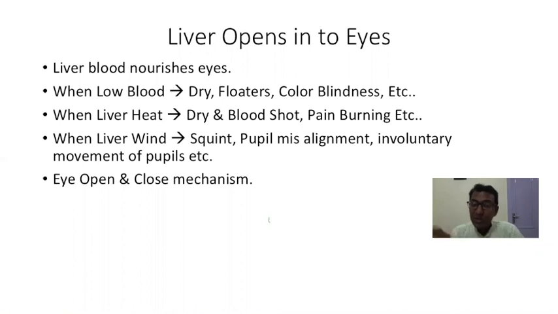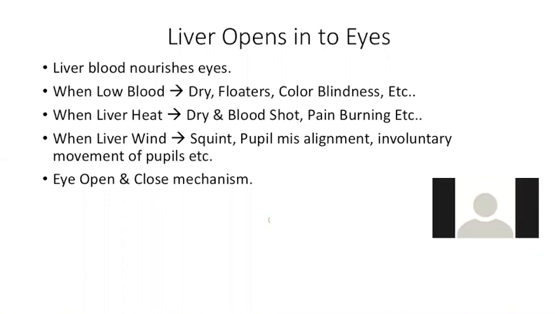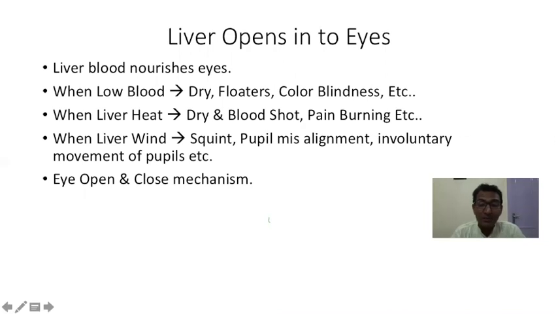Something is moving into the organ. So similarly, the eye is the opening of the liver. What goes into the liver through the eyes is the light. What goes into the eyes? It is the light. The perception power comes through the eyes.